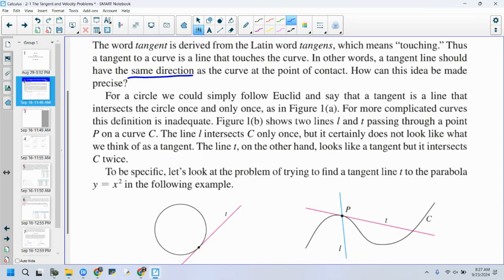Would our geometry definition, where I said it's going to intersect once and only once, hold for our curve? No, because it intersects twice. So how do we be a little bit more specific? The line L intersects C only once, but it certainly doesn't look like what we think of as a tangent.